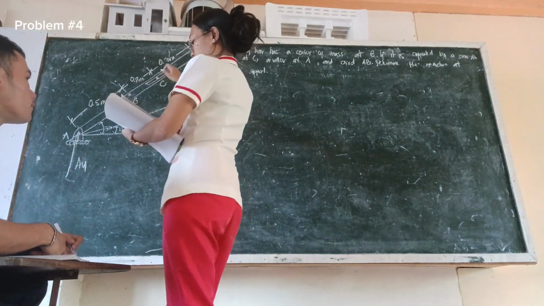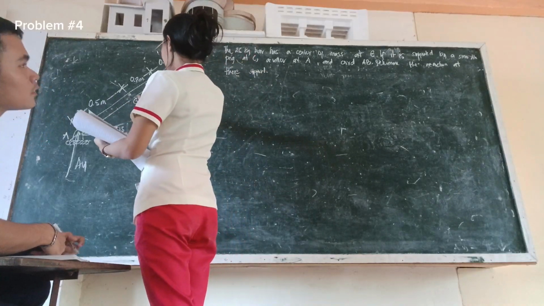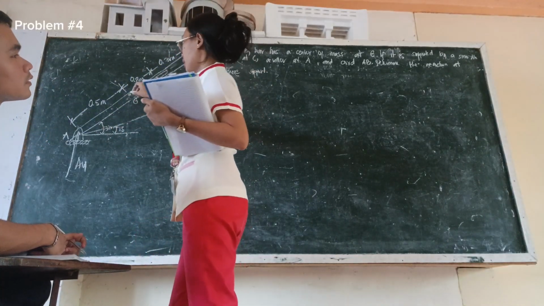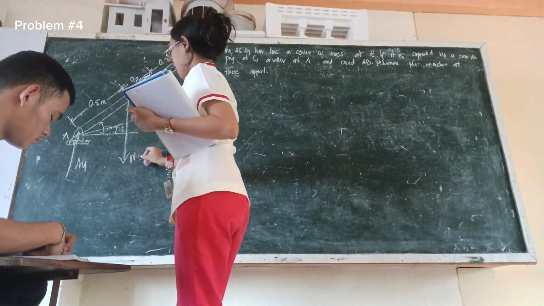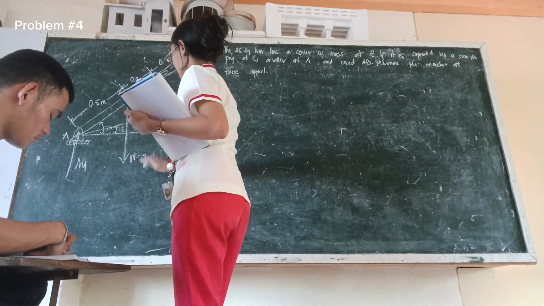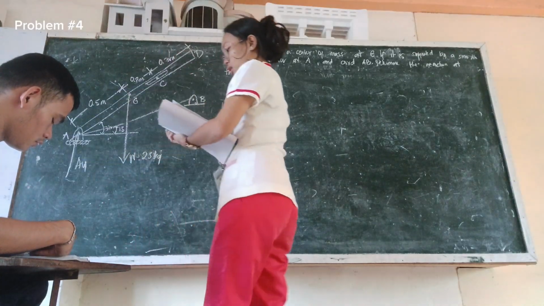So at point G, the center of the mass, I have the weight acting in a downward direction. The weight is equal to 25 kilograms.